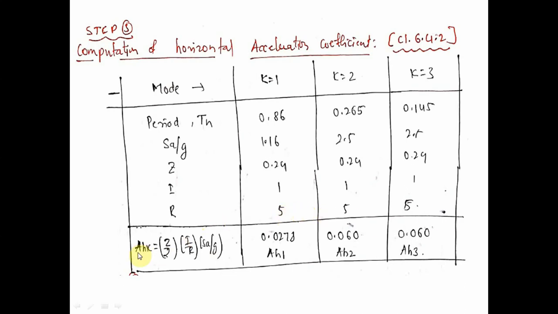Now calculate AHk, where AH indicates horizontal acceleration and k indicates the mode. AH1 is AH for k equal to 1. Multiplying all these, I get the value 0.0270. Use the same equation as equivalent lateral force, Z by 2 into I by R into Sa by g. So you get three values of AH here, named AH1, AH2, AH3.